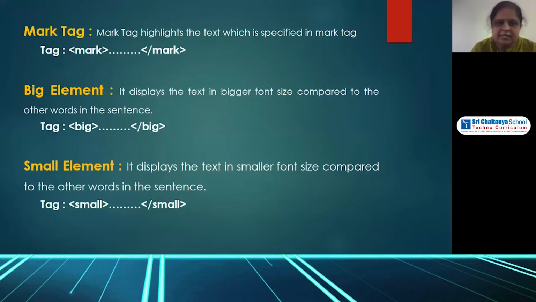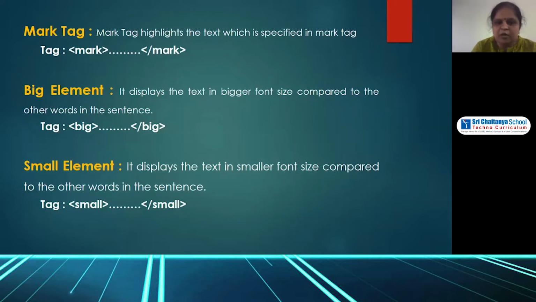Then what is the next one? The big element. What is this big element? It displays the text in a bigger font size compared to the other words in the sentence. Suppose I'm writing one sentence and I want to highlight only one word. I can use the big tag, and only that word will be bigger than the normal text of that sentence.